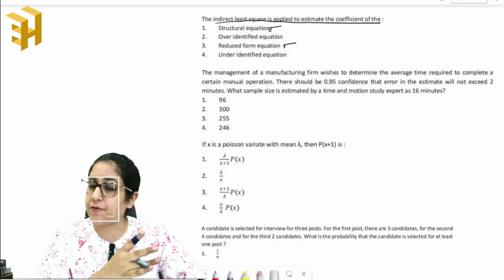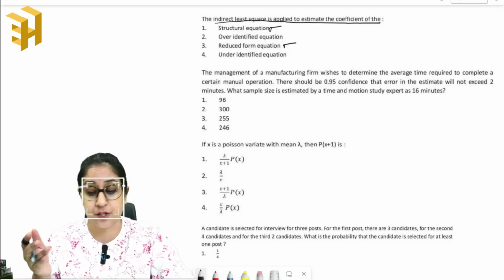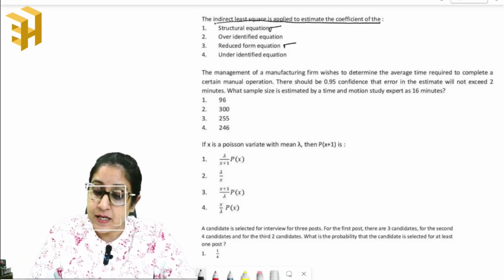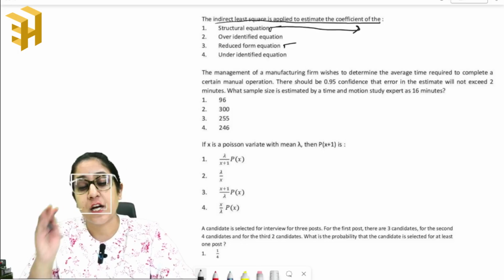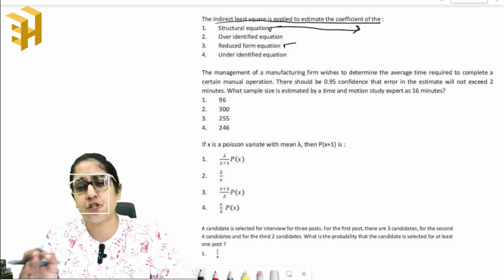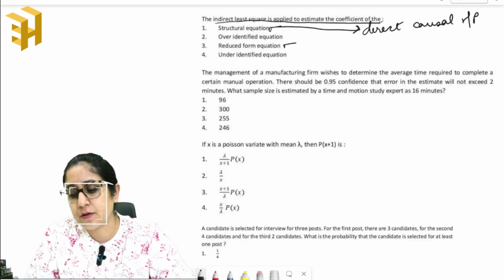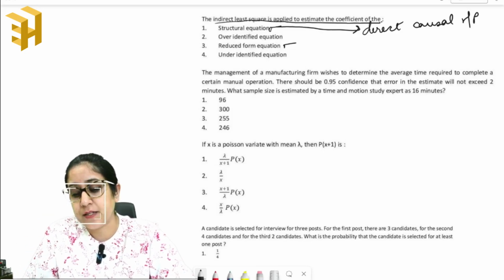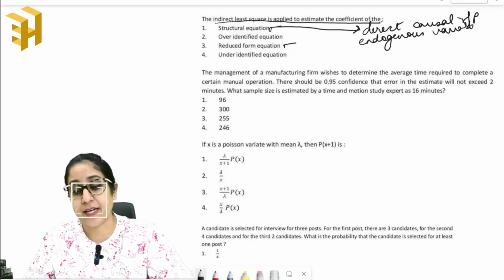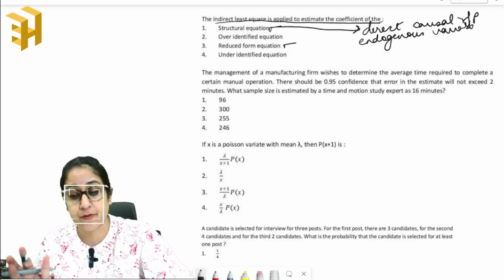Firstly, the structural equation is the one which clearly shows the direct causal relationship between your endogenous variables.